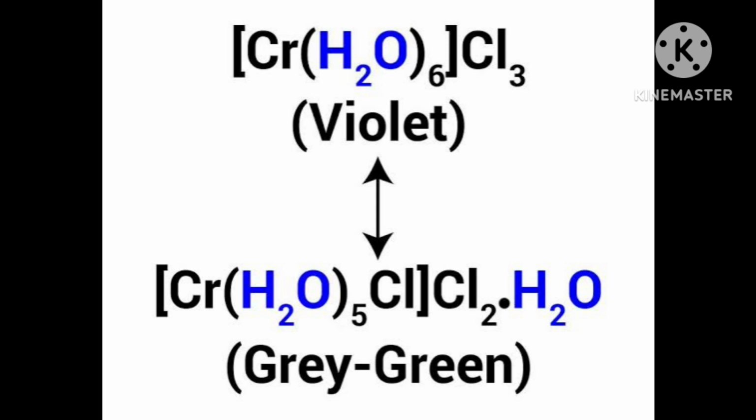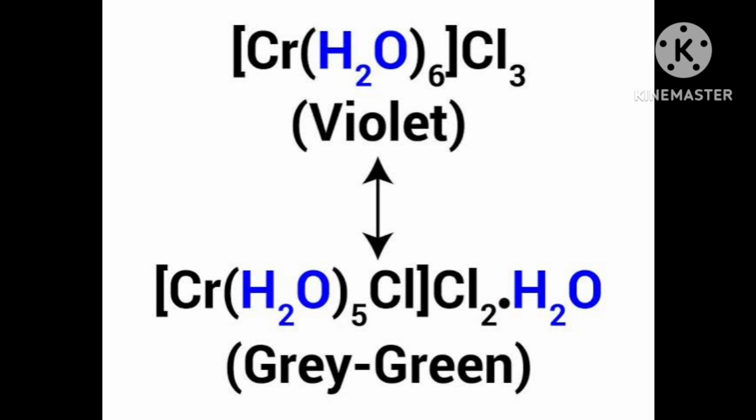In H2O whole 6, only 6 ligands were there, all were H2O, and the counter ion was chloride ion Cl3. Now what happened? Out of 6 H2O, one H2O went outside. To compensate for this, one Cl came inside, in the bracket with the complex.